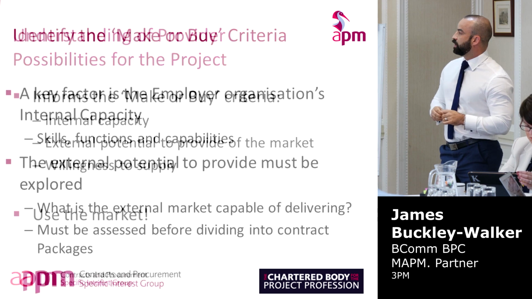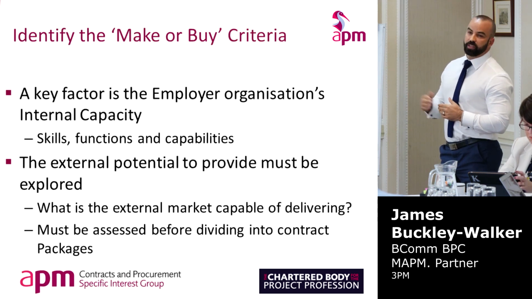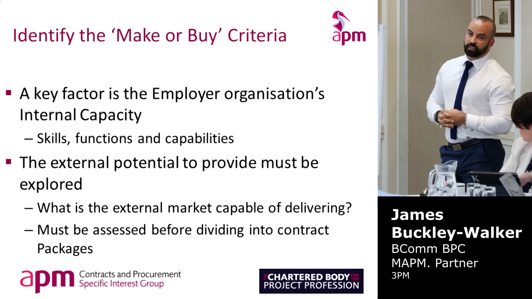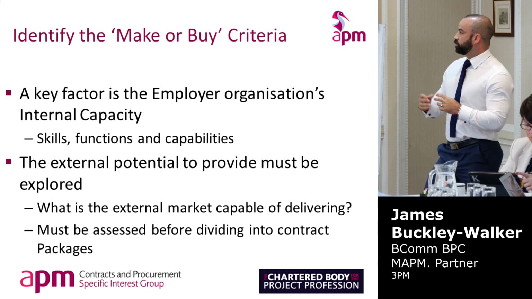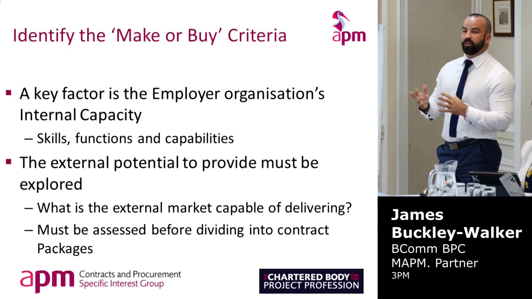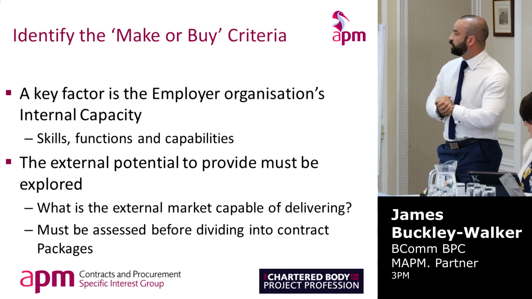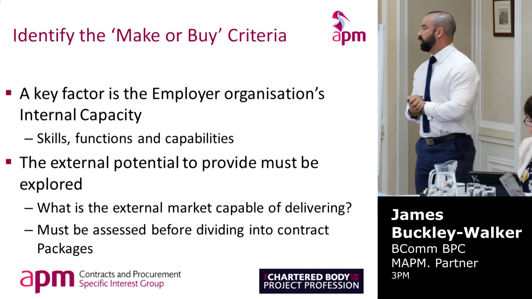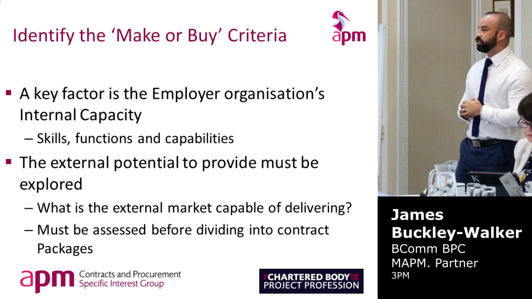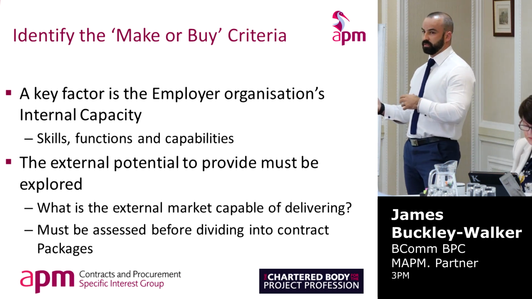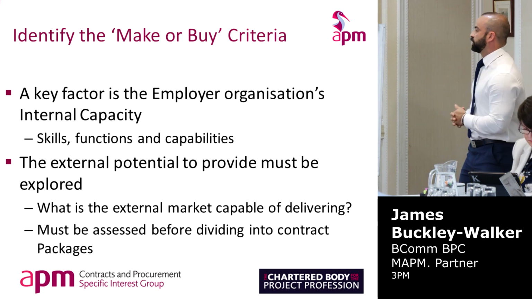So next, as I said, when we're looking at the employer's capacity to provide, we want to understand their skills and their functions and their capabilities. So this defines what we call the make or buy criteria, which is in the guide, and then understanding external potential, which we've covered by way of the market consultation or with the project team.